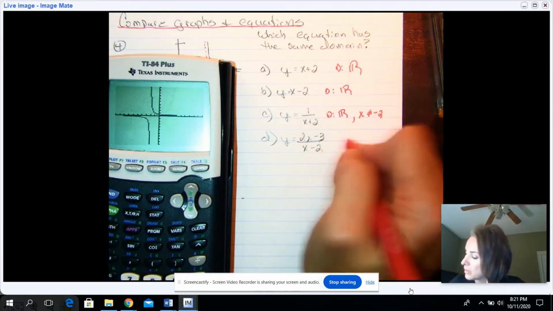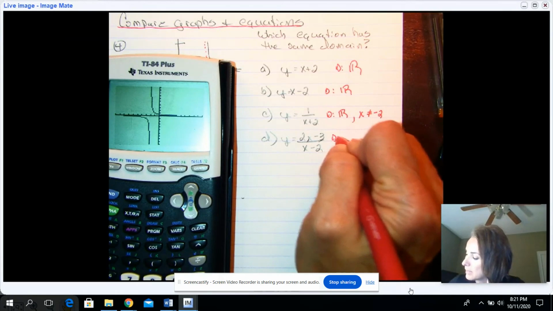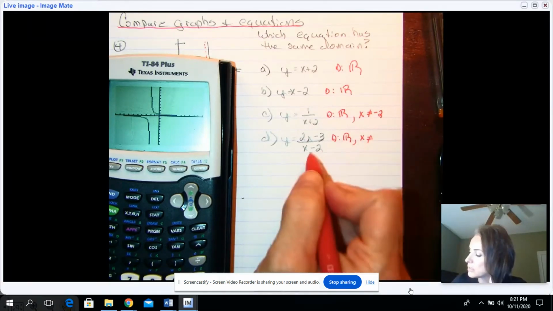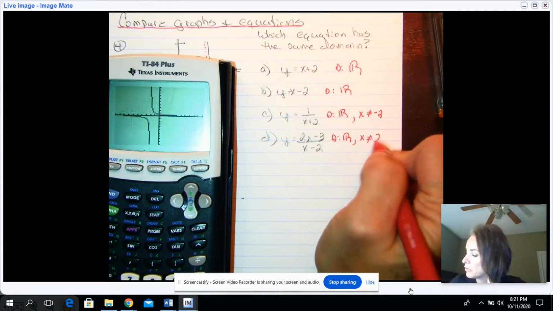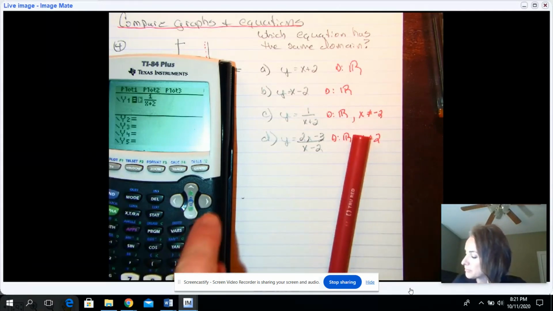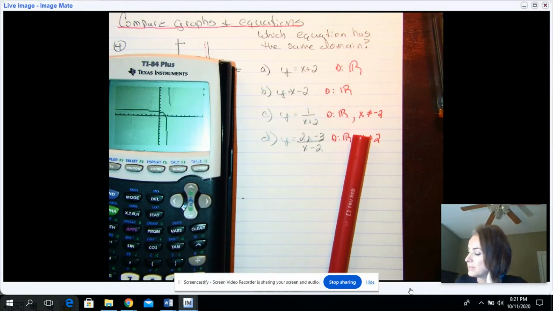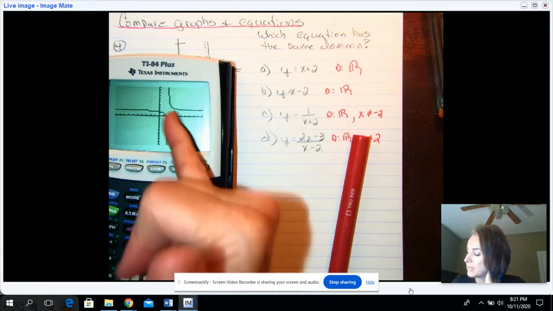But if I look at this one, the same idea, the domain's going to be all reals, but what can x not equal here? What's going to make that a 0 in the denominator is +2. So if I actually go to graph that one, and on top I put 2x minus 3, and on the bottom I put x minus 2, and then graph it, then you can see the asymptote.